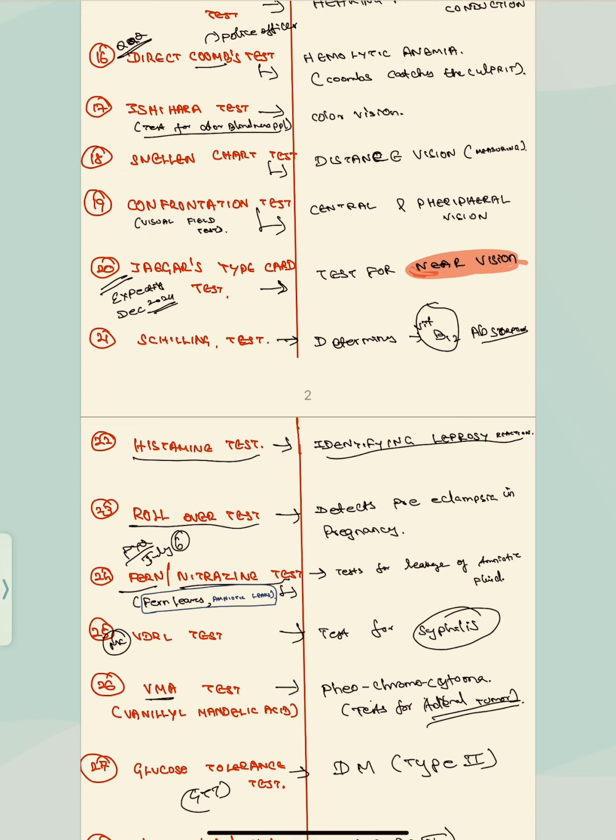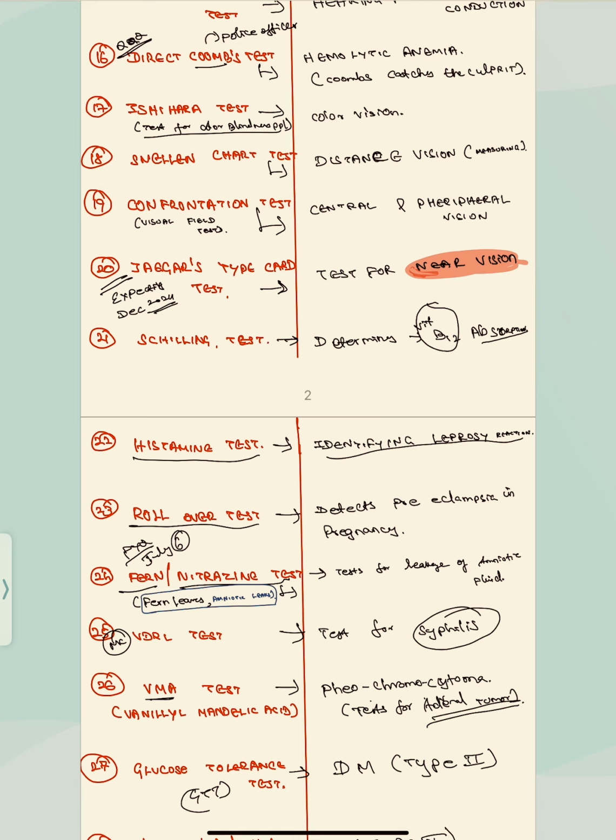Ishihara test, test for color blindness. So people who have color blindness, technically they will see the red and they will say orange or black. Definitely they will say black. And then the confrontation test, visual field test.